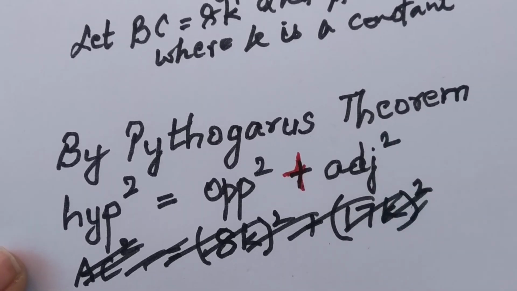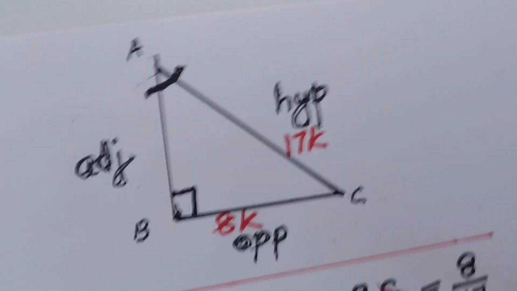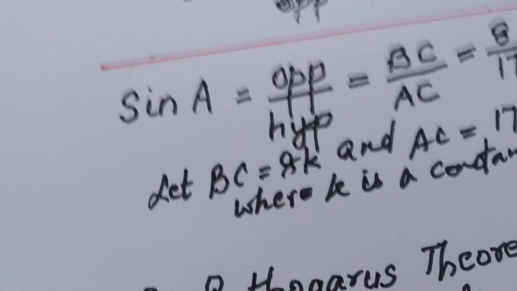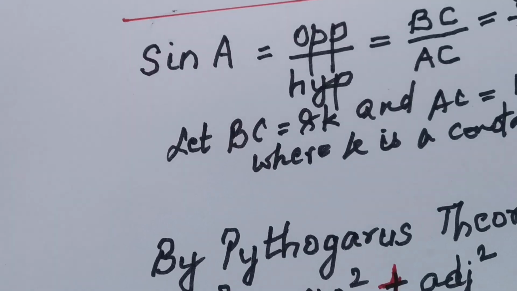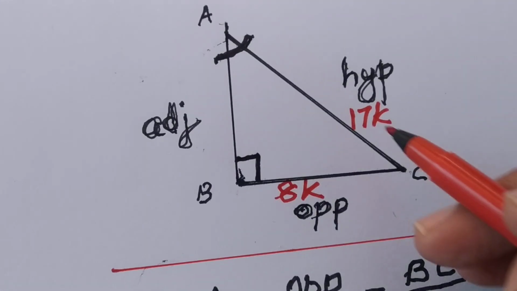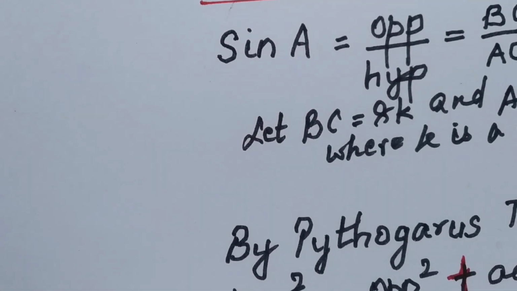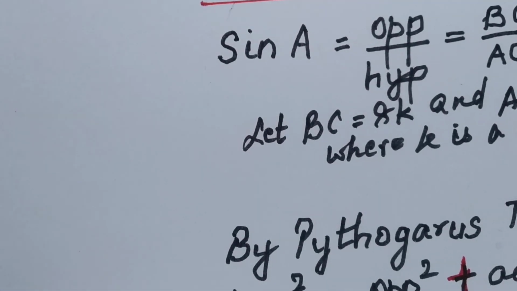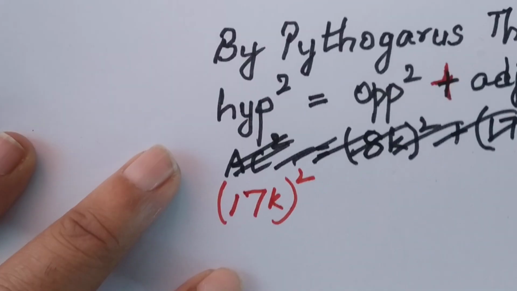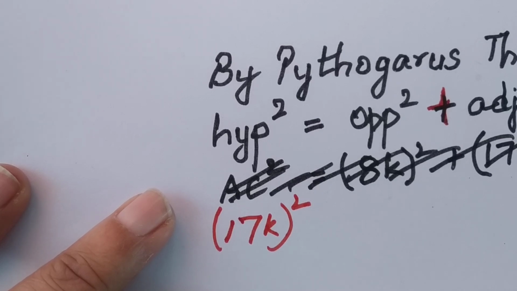Now let's substitute the values. Hypotenuse is 17K, so I write 17K the whole square. Remember to put the bracket and then the square, because you're not only squaring K, but you're squaring both 17 and K. It's a single term.